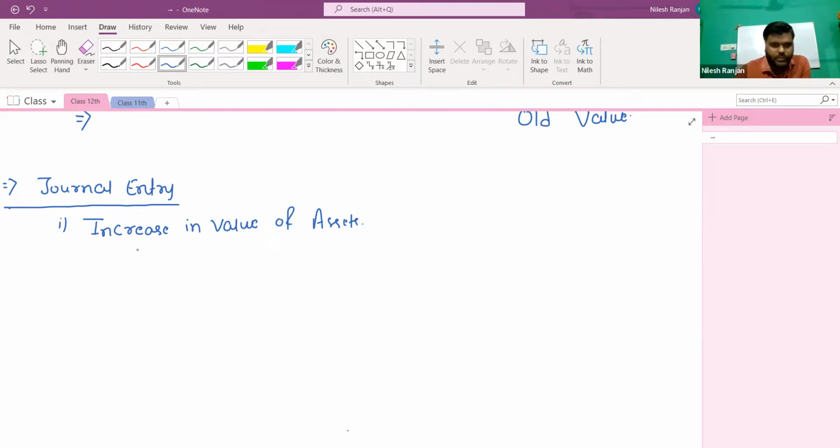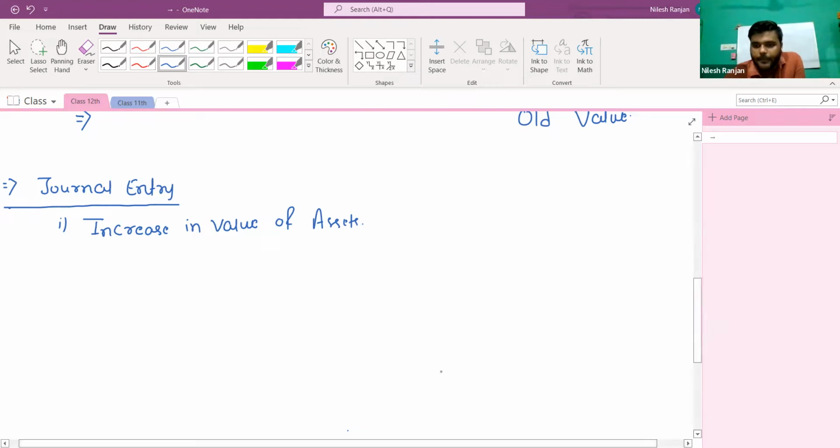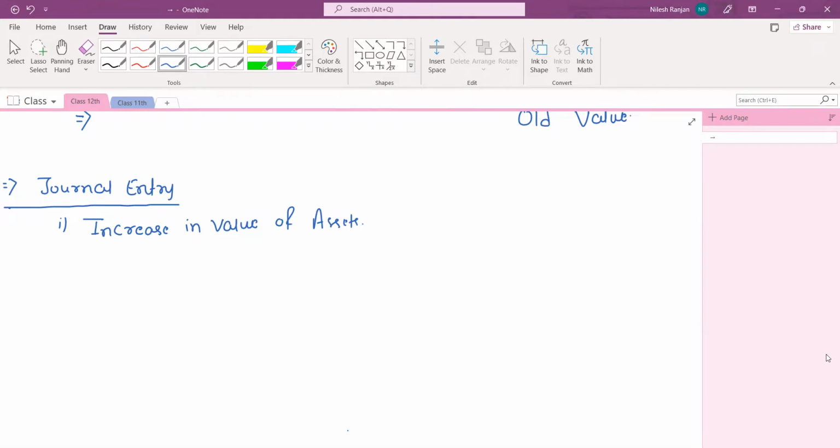Okay, no problem. Actually, nominal, income and gain. Yes, good. Debit all expenses and losses, credit all income and gains. Okay, so revaluation account is a nominal account and if there is an increase in value of assets, then it is our profit.